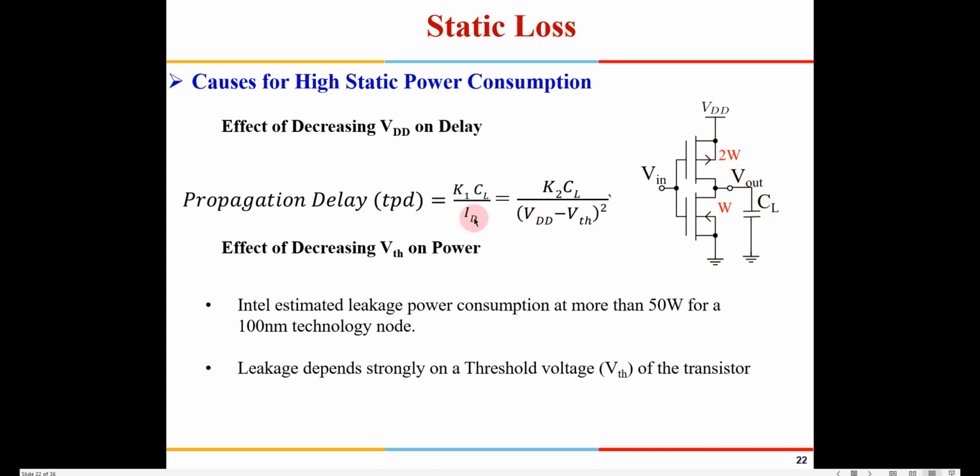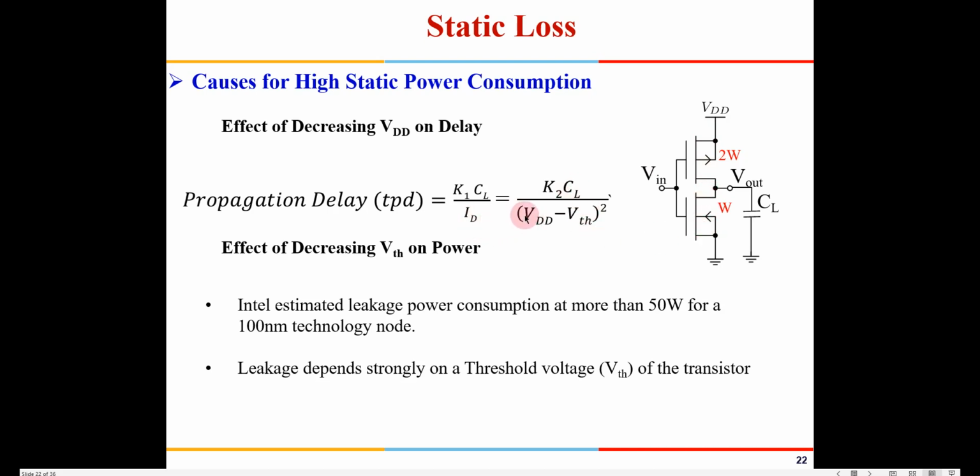And if you see the current equation, the propagation delay is proportional to CL. If there is large CL, it will take more time, and if you have large current, then the propagation delay will be low.